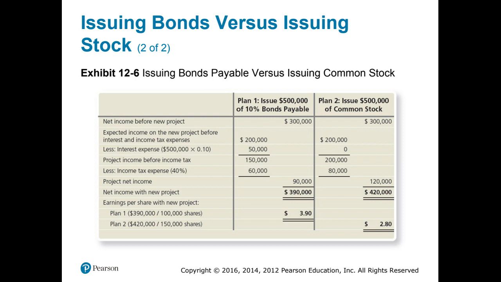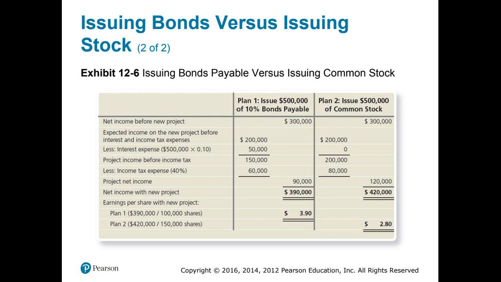And then we have to take out our interest expense, and our interest expense would be 50,000 with plan 1. So now our project income before income tax for plan 1 is lower. It's 150,000, whereas with plan 2 we're still at 200,000.